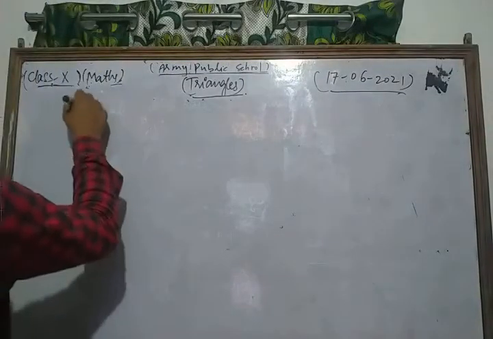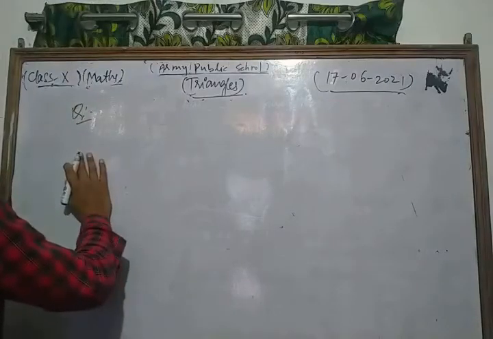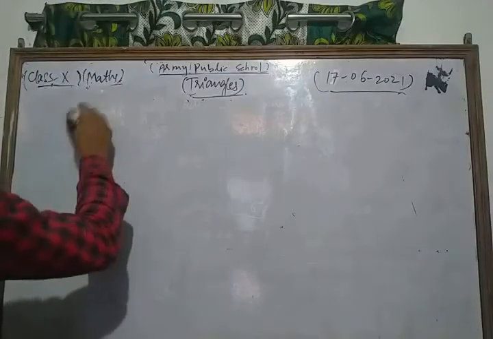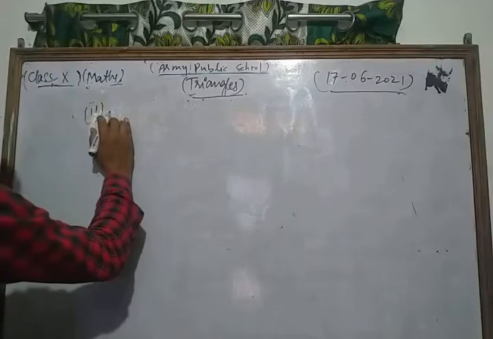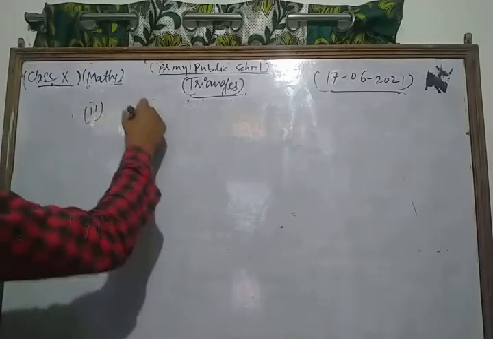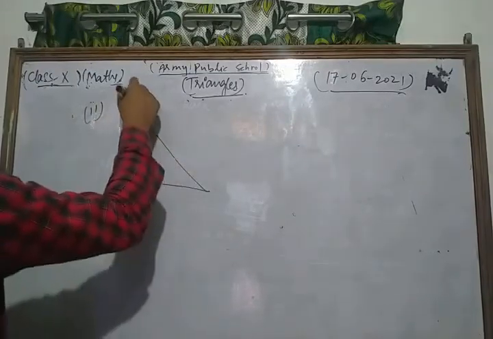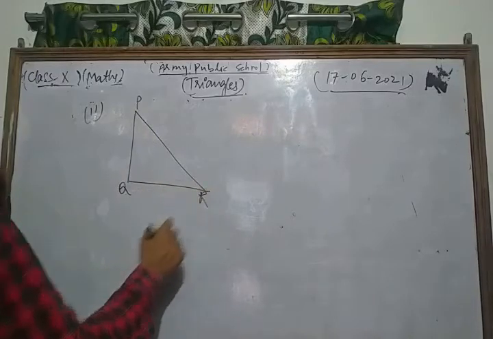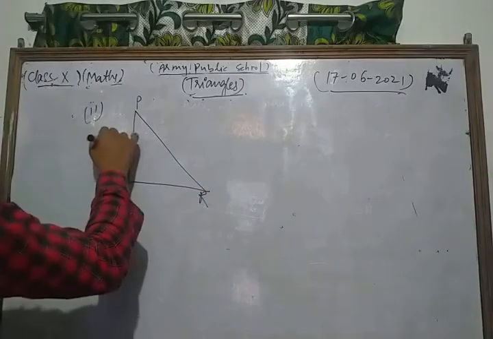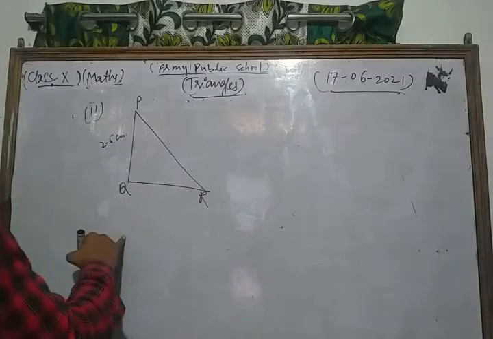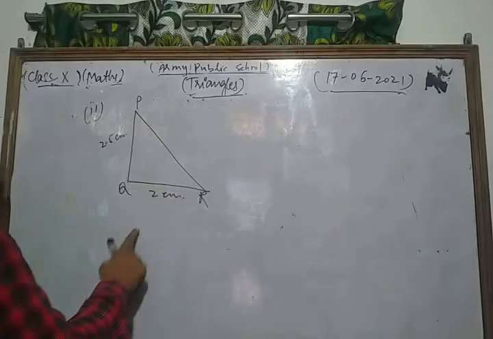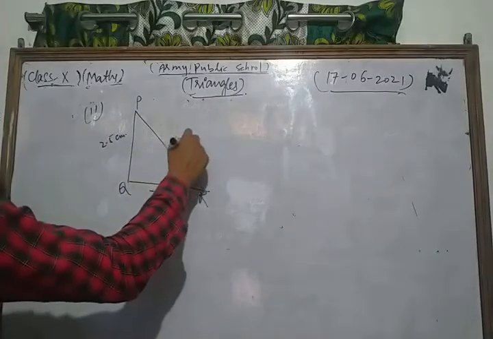And your question is the second part of this question. Second part, there are two triangles. PQR: this is 2.5 centimeter, this is 2 centimeter, and this is 3 centimeter.